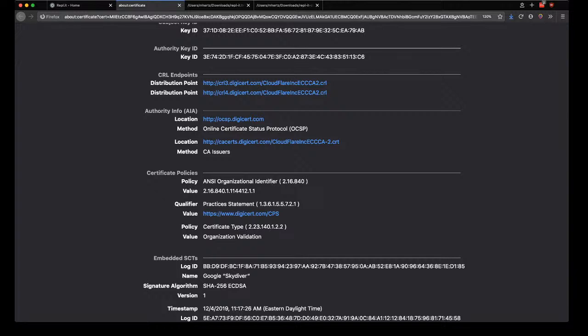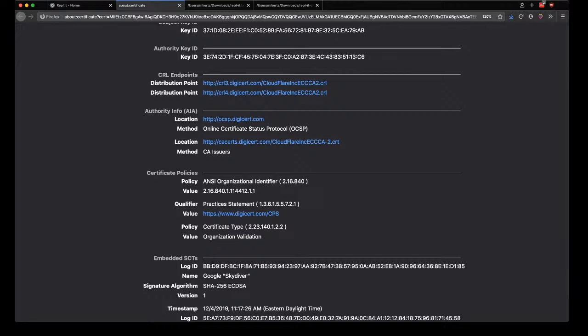Like I said, all of the web works on this idea of the web of trust. So I have this certificate from Replit, and I know that it says it's from Replit, that the signature seems to be the same, the fingerprint seems to be the same.